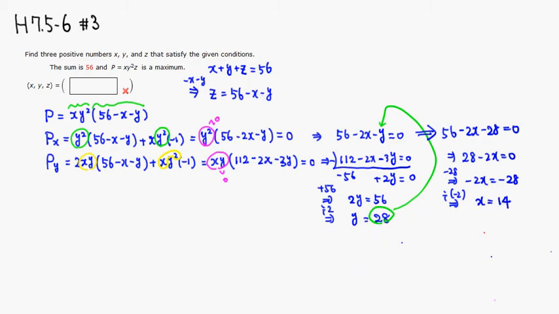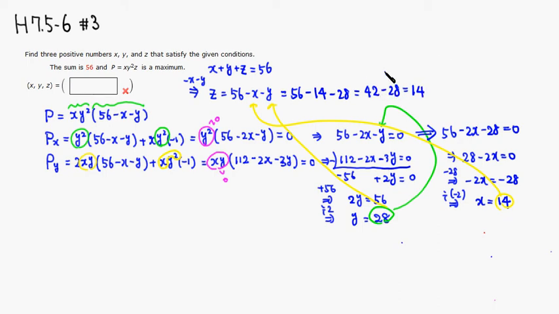For z, we can plug these in here. So z is going to be 56 minus x, which is 14, minus y, which is 28. So 42 minus 28 is 14.